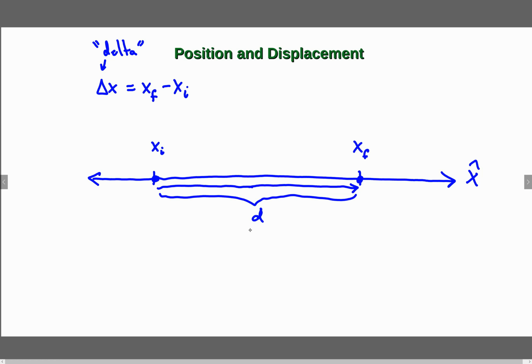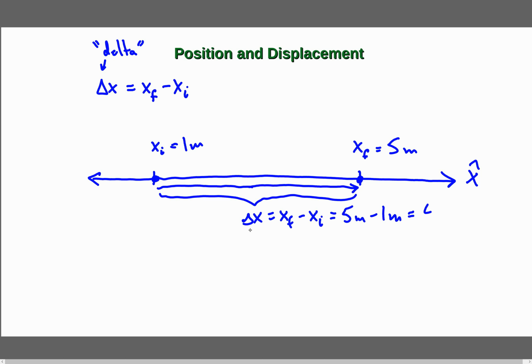And let's give some values to these. Let's say x initial is at 1 meter and x final is at 5 meters. You can see that our delta x will replace d down here now with delta x equals x final minus x initial, which is 5 meters minus 1 meter.